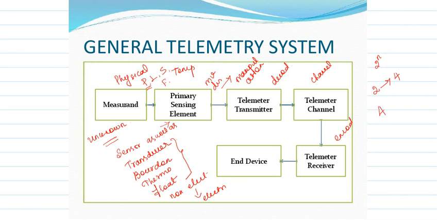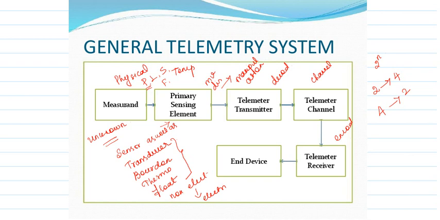An encoder is just the opposite: if there are 4 inputs, the output will be 2. That is how the telemetry channel, the interconnection between the transmitter and the receiver, works, and according to the transmission of my particular data, I have to select either a decoder or an encoder.